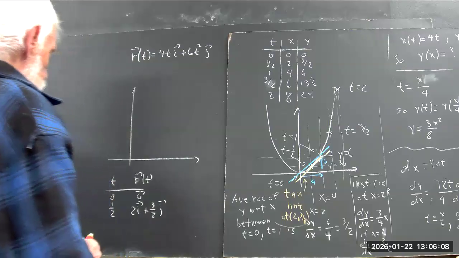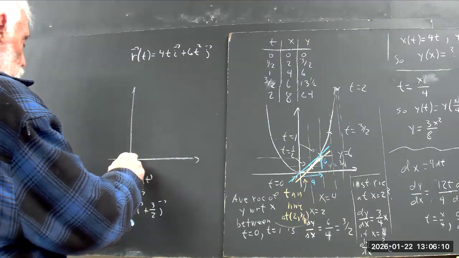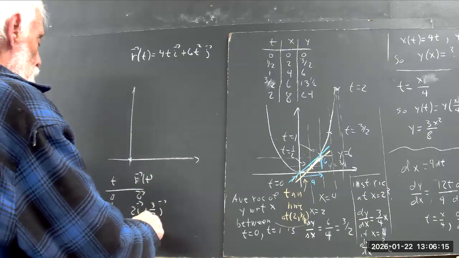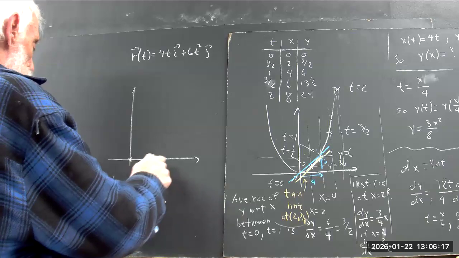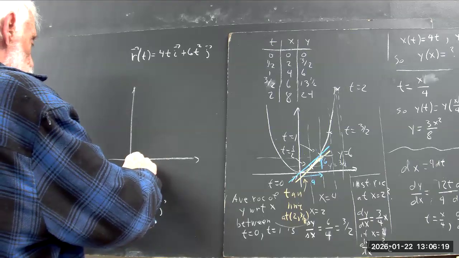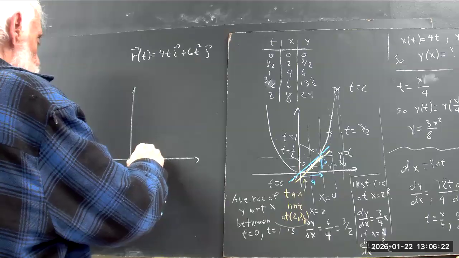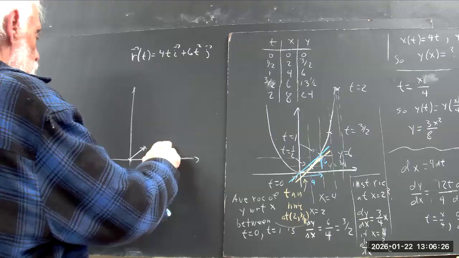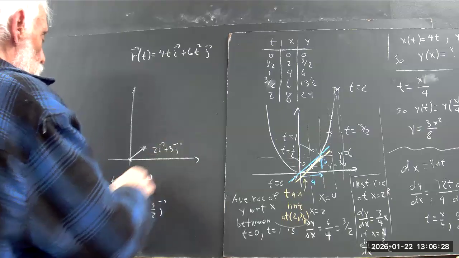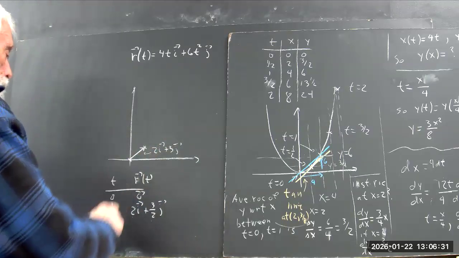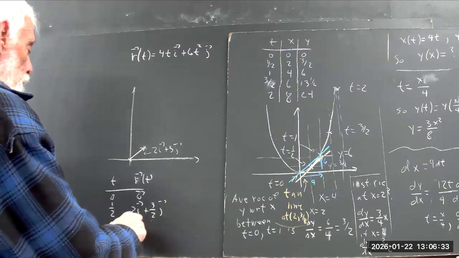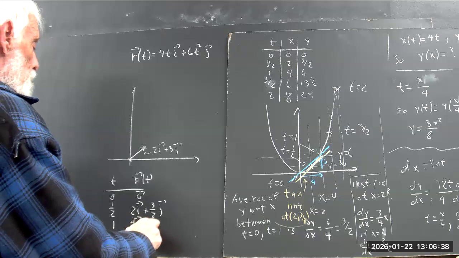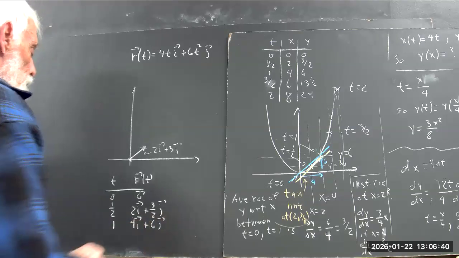Okay. So let's see, I can start with the zero vector, which I'll just indicate with an X here. The 2i plus 3/2 j vector is right here. At t equals 1, I get 4i plus 6j.